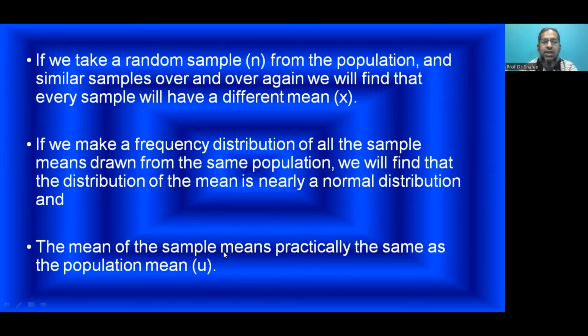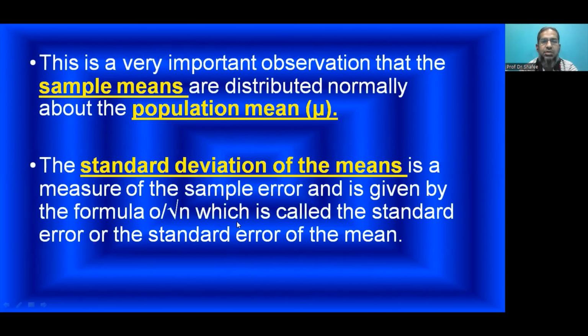So the mean of the sample means is practically the same as the population mean. Mean of means is the population mean, or you can say when we record the blood pressure of the whole population and find out the mean, that is called the population mean. So this is a very important observation, that the sample means are distributed normally about the population mean.